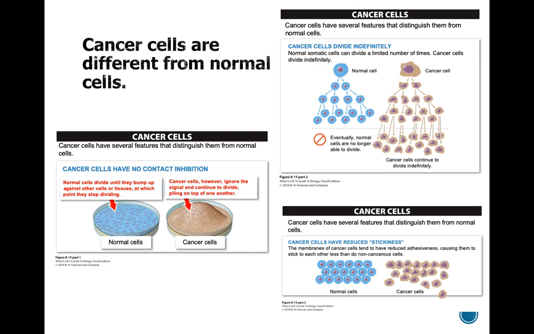So not only are these cells passing on the mutation that allows them to divide exponentially, but they're also allowed to divide with errors. And so not only do you start out with the original mutation that caused the cancer, but those cells begin to accumulate other errors because those checkpoints are not being regulated.